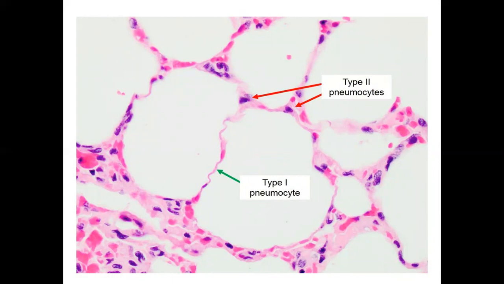ال type 1 اللي هو approximately about 95% of the alveolar surface, it's composed of simple squamous epithelium.